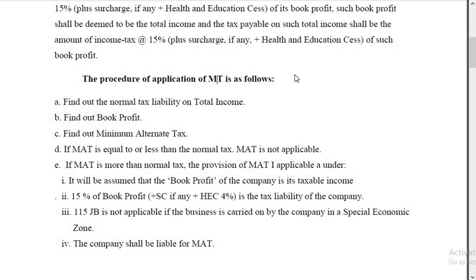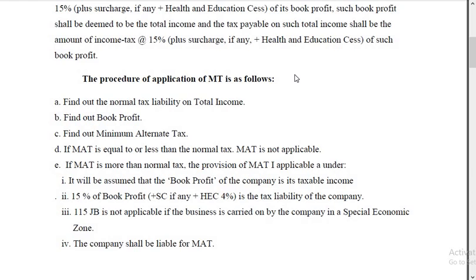So first find out the normal tax liability on total income. So normal tax liability means what? Already you have learned in the previous chapter under computation of total income. First you have to compute total income. That means first you have to take taxable income under each head, like income from house property, business income, capital gains, and income from other sources.